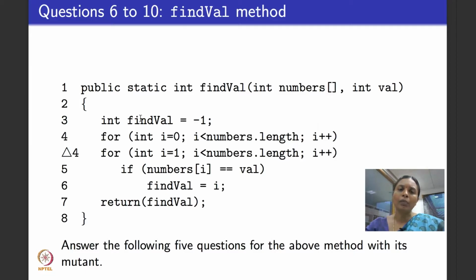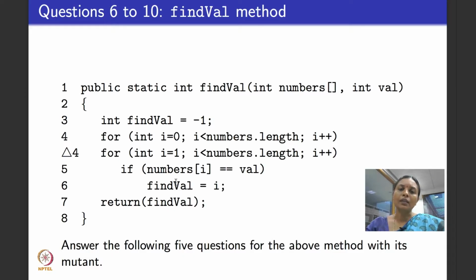So how does the method work? It begins by initializing what it's supposed to return as -1. It will reset it when it finds val, and as and when it repeatedly finds val, it will keep resetting the position so that it can return the position of the last find of the value. Then it enters into a for loop that begins at 0, goes all the way till the length of the array.